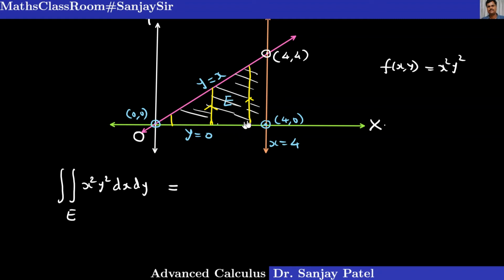This is the first one and the simplest one. So this is a vertical strip we are taking here because we want to integrate with respect to y first, and find out the equation of the curve of both the ends of this strip. Okay, so we are integrating with respect to y first and then with respect to x.